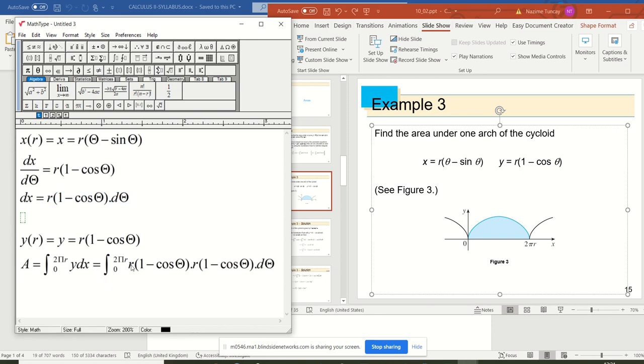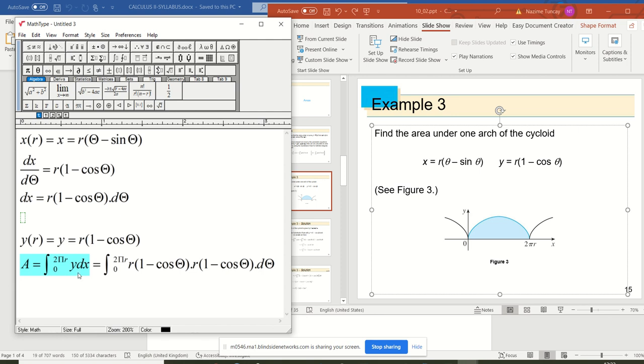So this is y, and this is dx. It is just the formula here. You have to know this by heart. Whenever you want to find the area under a graph, it is an integral, and you are going to take the integral of y, where y stands for the y-axis and x stands for the x-axis.